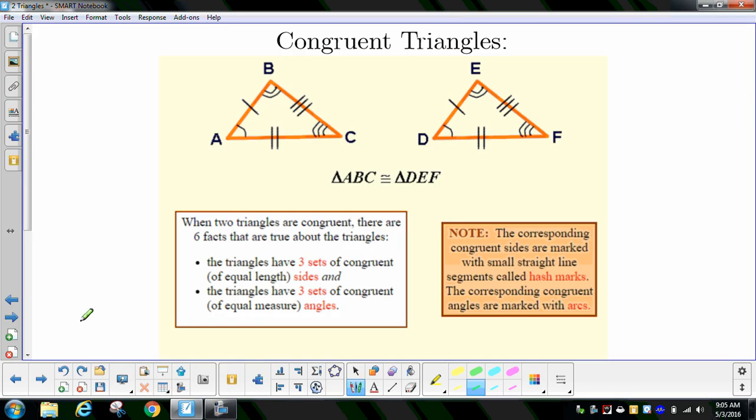So now we're getting to the big part of the triangles information, and that is talking about congruent triangles. Two triangles are congruent if all three pairs of corresponding sides are congruent to each other.